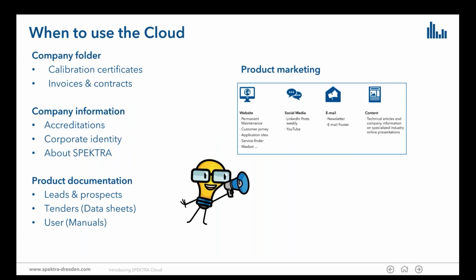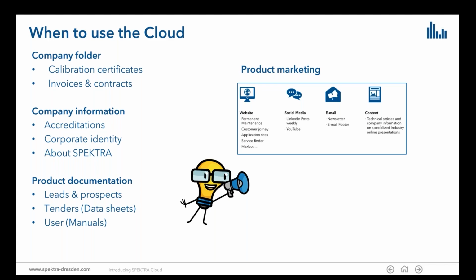When to use the cloud? You have different documents. First, you have your company folder, in which you'll find the calibration certificates, but also invoices and contracts with Spectra. You'll also find a lot of company information, for instance, the Spectra accreditations, everything about the corporate identity, and also everything about Spectra in general.